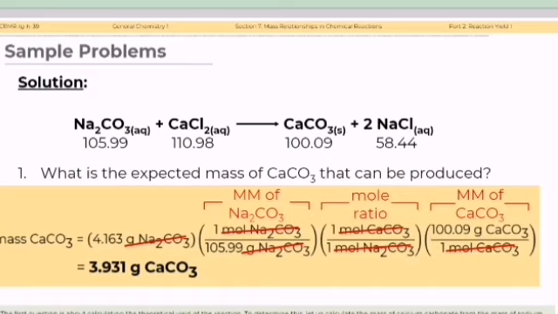The mass of calcium carbonate is equal to the given mass of sodium carbonate, 4.163 grams, divided by the molar mass of sodium carbonate, 105.99 grams per mole, times the mole ratio, 1 mole of calcium carbonate per 1 mole of sodium carbonate, times the molar mass of calcium carbonate, 100.09 grams per mole. Simplifying the equation, we get 3.931 grams of calcium carbonate.